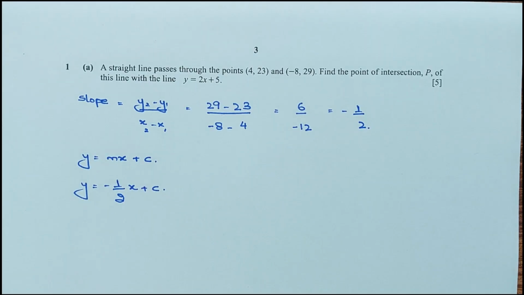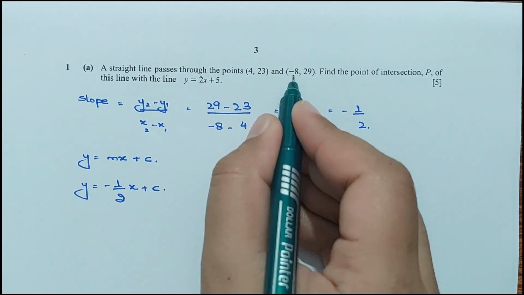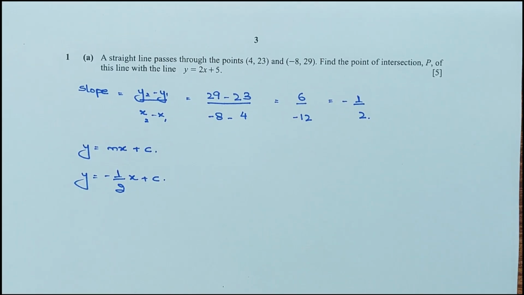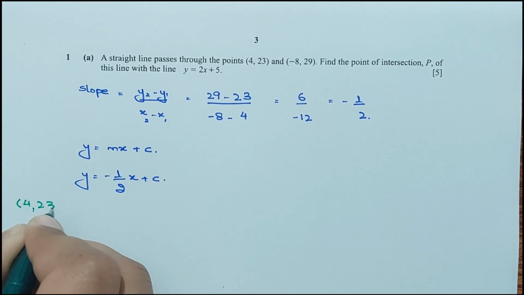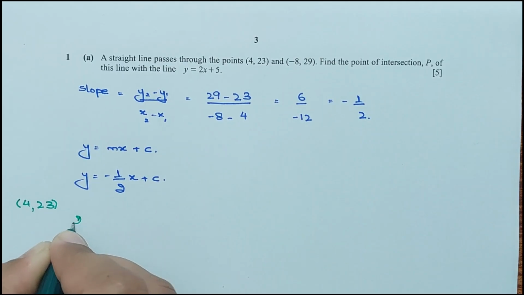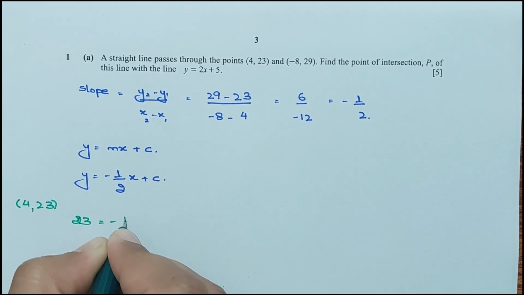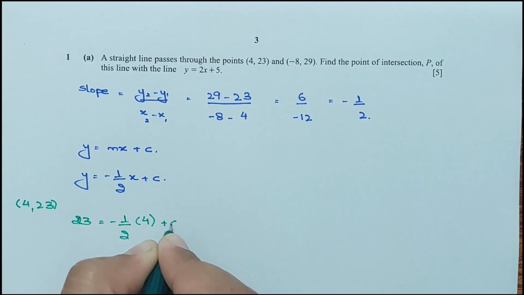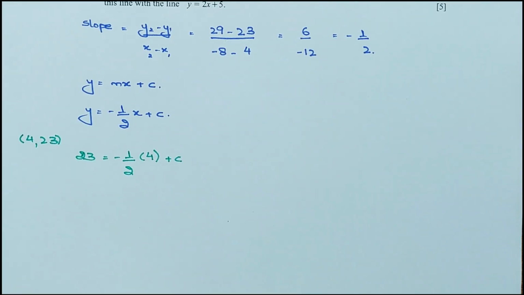To solve for c, we have to use the point (4, 23) or (-8, 29). This is your choice; you can take any point. So I'm using the point (4, 23), where y is 23 and x is 4. So 23 equals minus 1/2 times 4 plus c. Now let me solve for c.